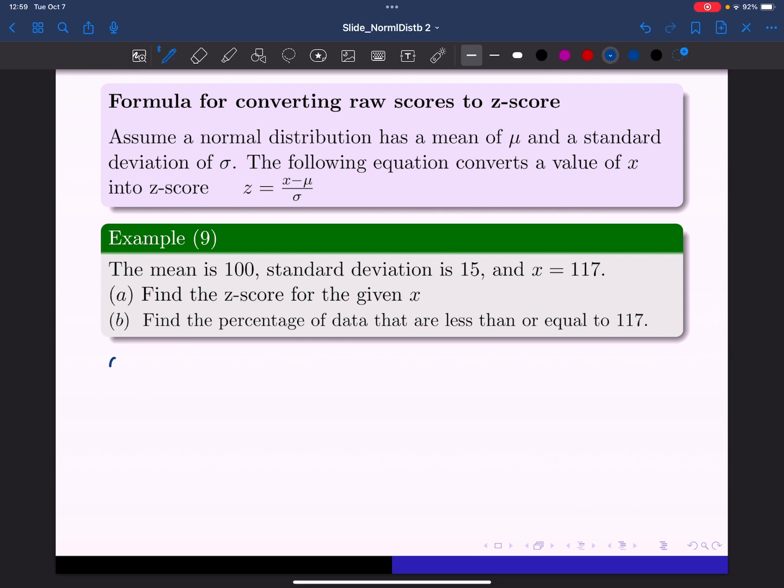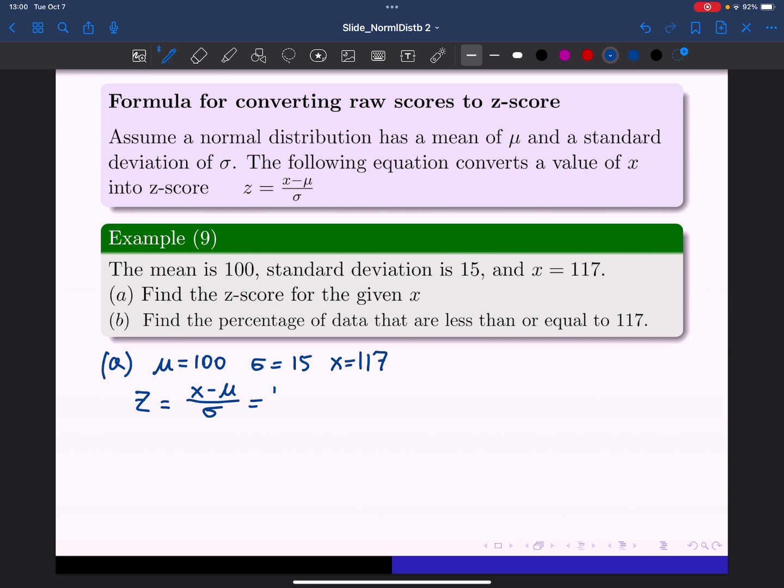So for part A, my mu is 100. That's my mean. Standard deviation, which is sigma, is 15, and my x is 117. Then we use the z-score formula. So the z-score is equal to x minus mu over sigma.